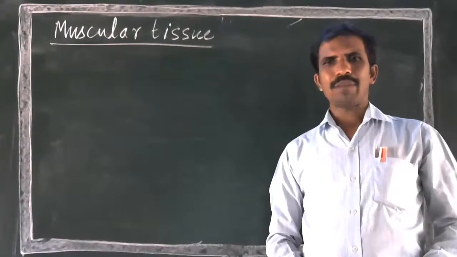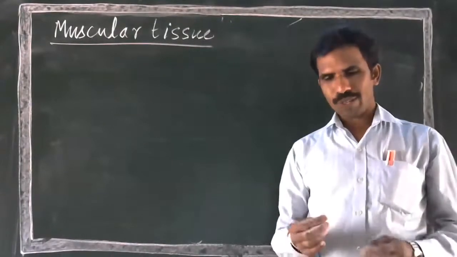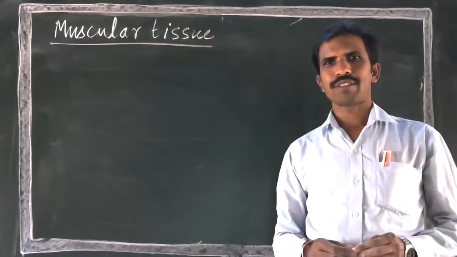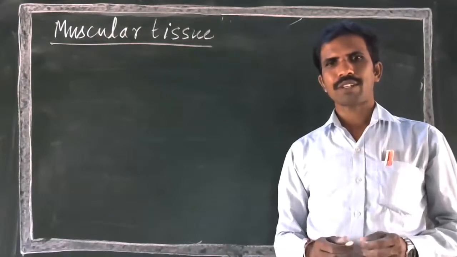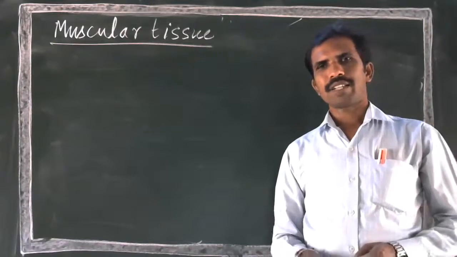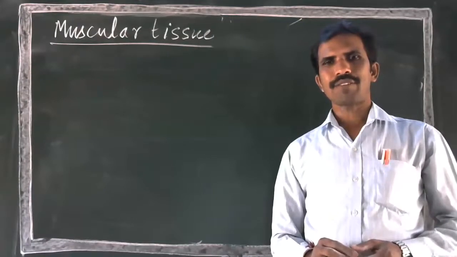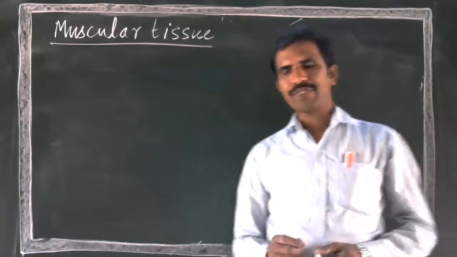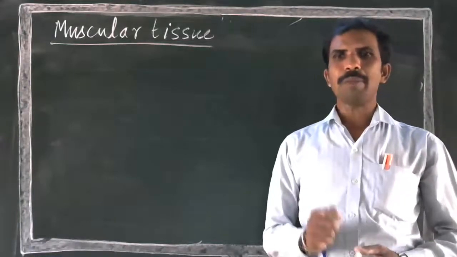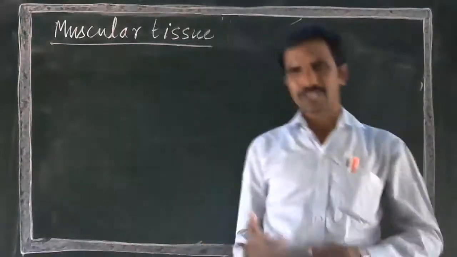All are important, but some play a very important role in the physiological activities of the body, like respiration, breathing, and pumping of the heart. All these are very important functions, and they are helped by these muscles.